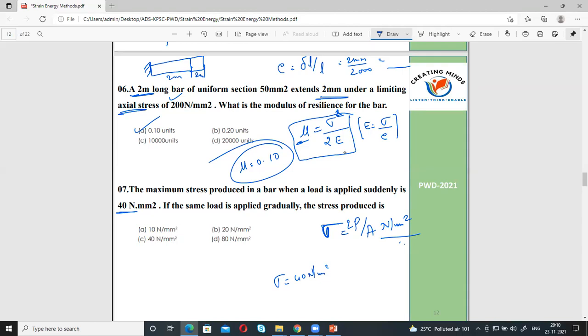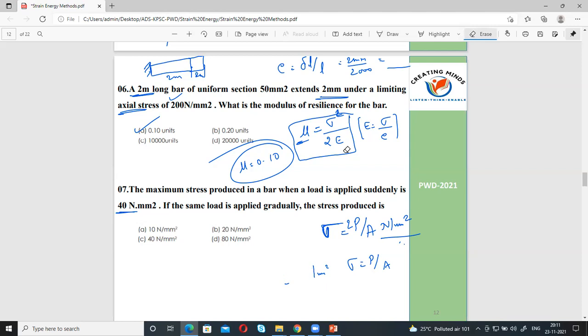If the same load is applied gradually, what is the equation? P by A. Then what is the stress produced? How much? Option B.